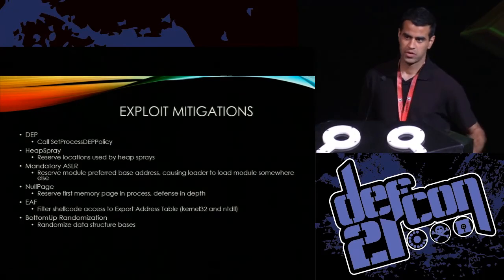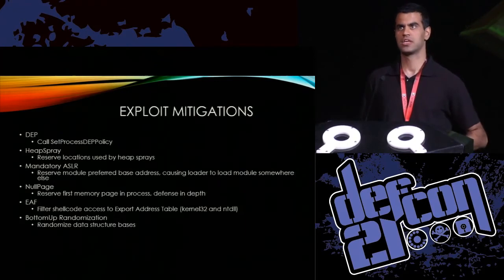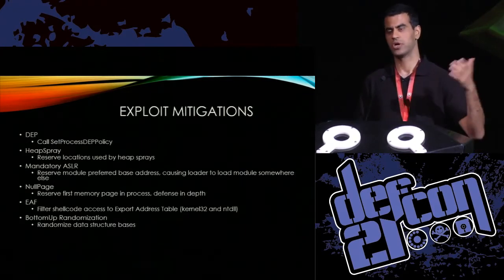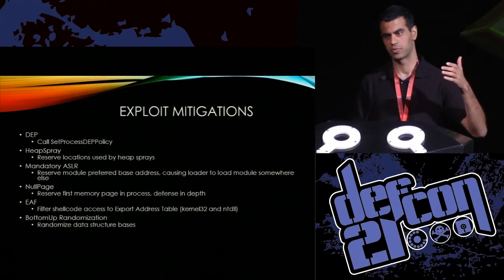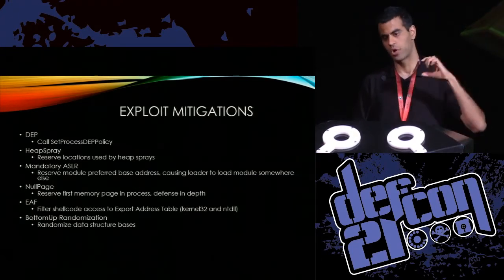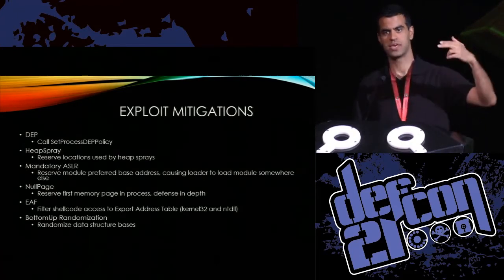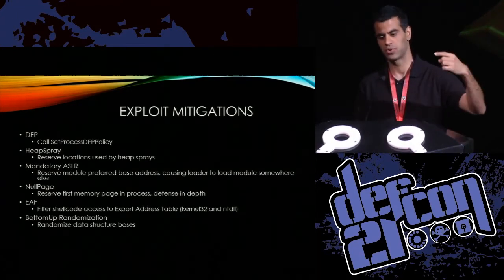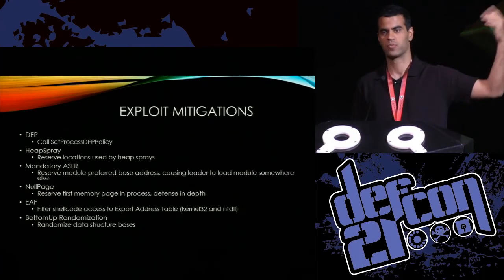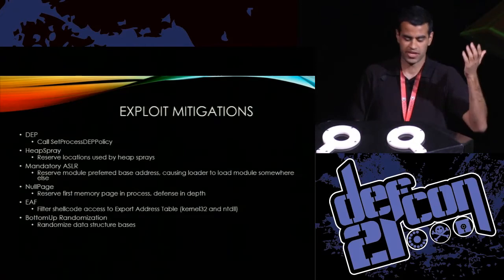The EAF mitigation, which is export address table filtering. That's basically if shellcode, for example, is trying to read the export address table, we set a hardware read breakpoint on the export address table to make sure that EIP, which is the x86 instruction pointer, doesn't point to some random place, like in the heap, for example, because that's kind of creepy.